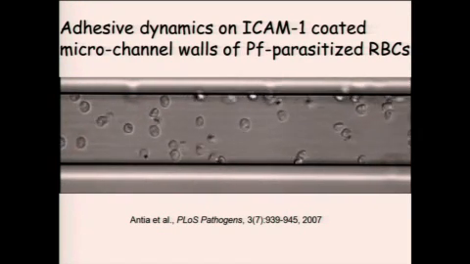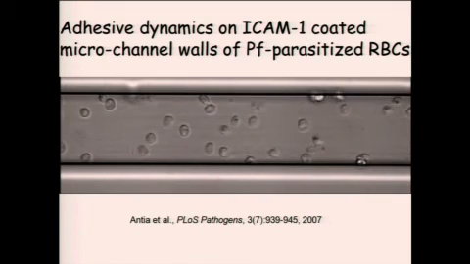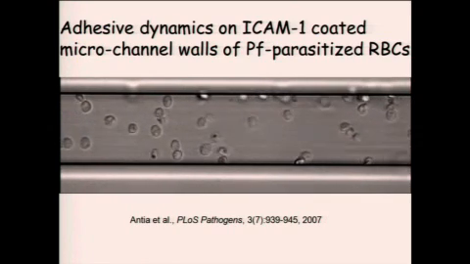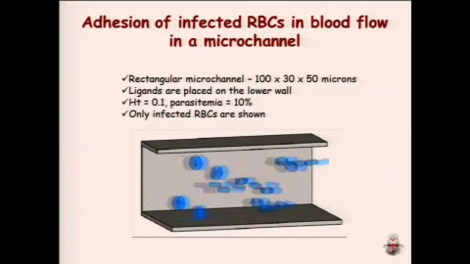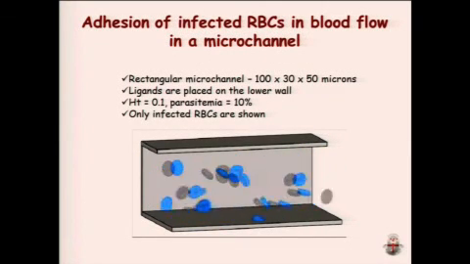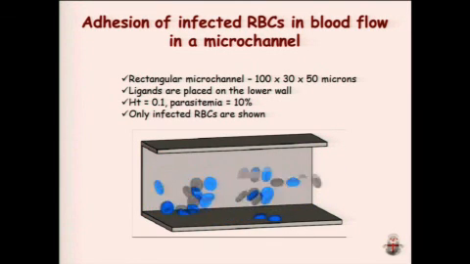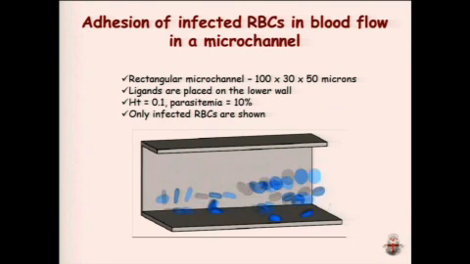And you'll see the malaria cells are flipping along the surface. So that's a simulated vessel? No, this is an actual experiment. This is a simulation. Here we're not showing the red cells, just the diseased cells. You can see they flip along quite nicely.